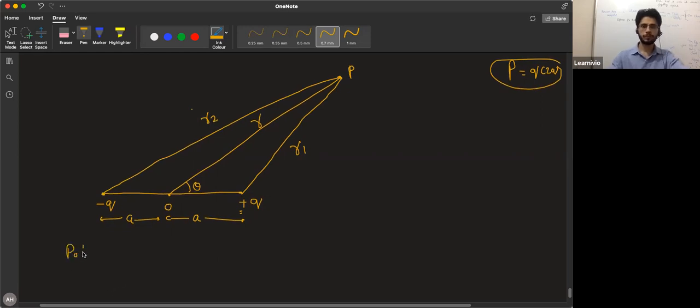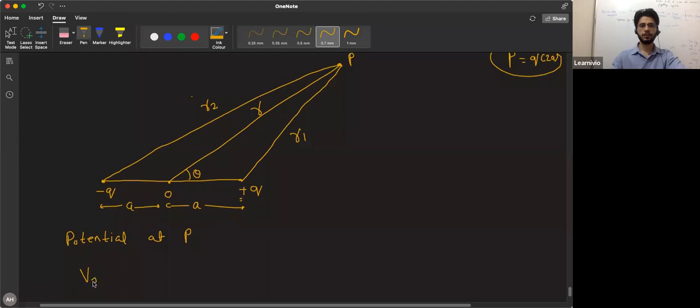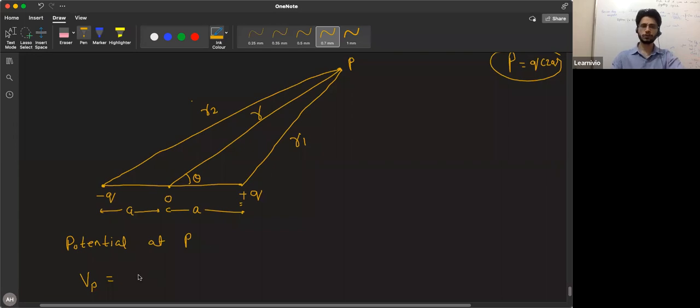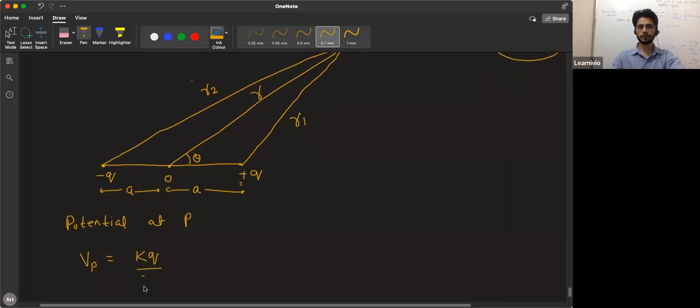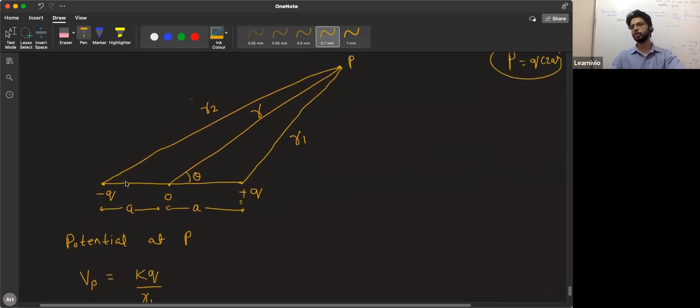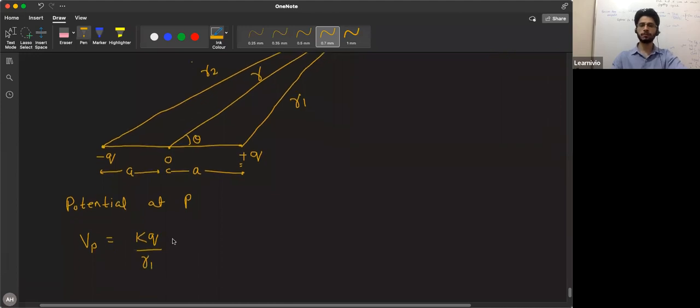So potential at P, we can write as Vp, is potential due to positive charge plus Q, which is KQ by R1, and then potential due to negative charge minus Q, which is minus KQ over R2. Taking KQ as common, we are left with 1 by R1 minus 1 by R2.